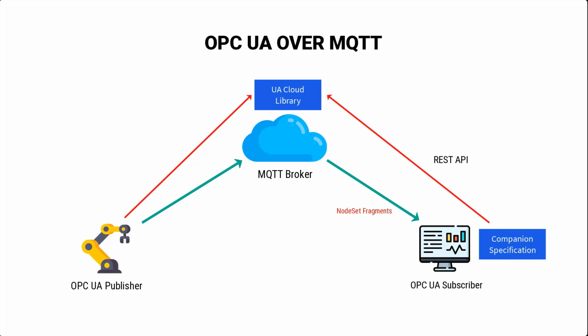So, when your subscriber gets the data types from the UA Cloud Library or inbuilt companion specification, it can then use the nodeset fragments published to it to reconstruct the publisher's address space that is being used to populate the fields that are in the published messages.